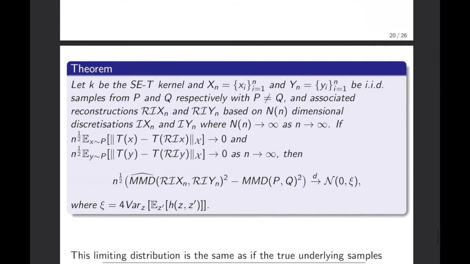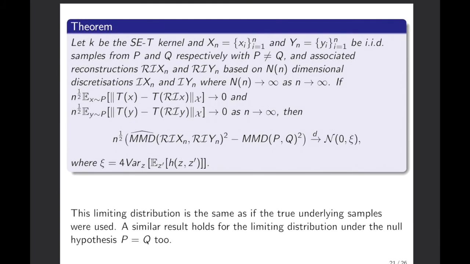So we're going to formalize this in a theorem here. K will be the squared exponential T kernel that we defined before. And then X sub n will denote the set of points xi that are from P, and Y sub n the y's from Q. And we're going to assume that P is not equal to Q here. So this would be our alternative hypothesis, but an analogous result holds for the null hypothesis.